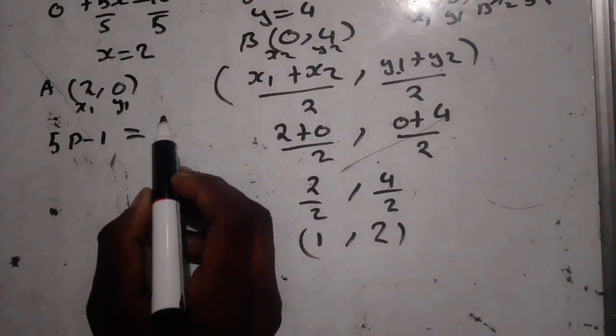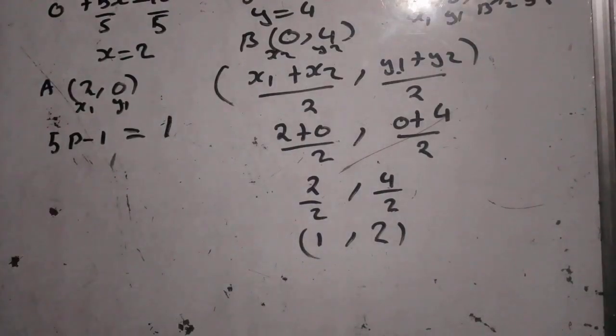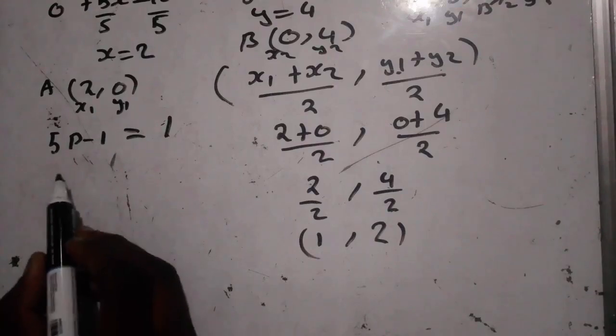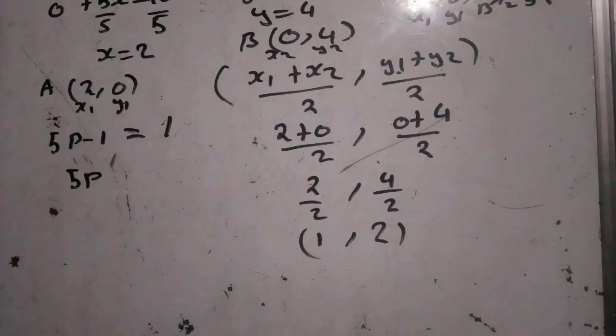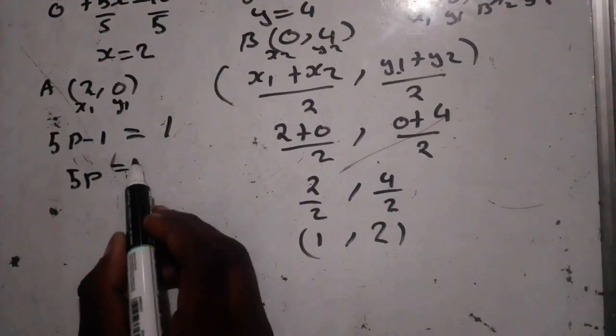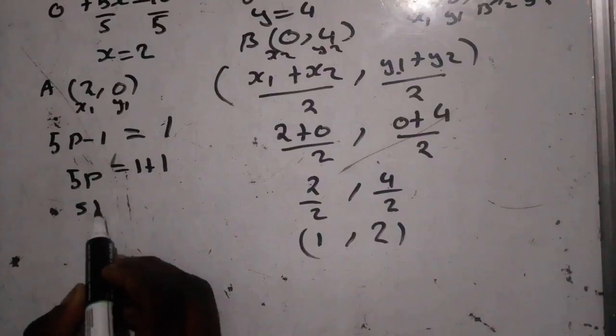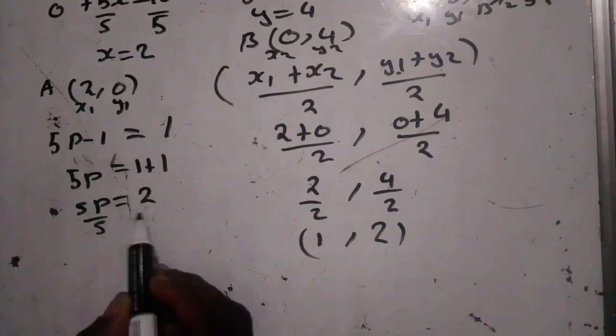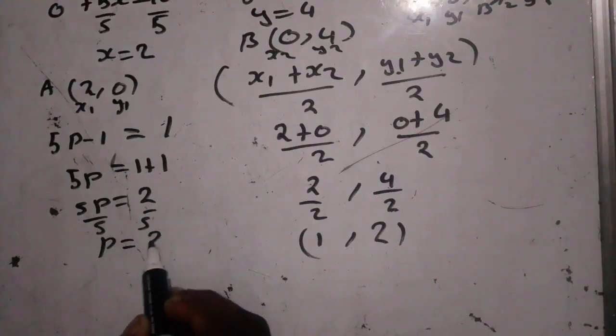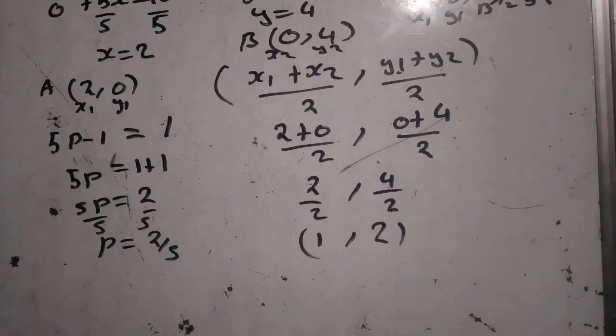So 5p minus 1 is equal to 1. We equate them to each other and make p the subject of the formula. 5p is equal to 1 plus 1, so 5p is equal to 2. Hence p is equal to 2 over 5. So this was our p.